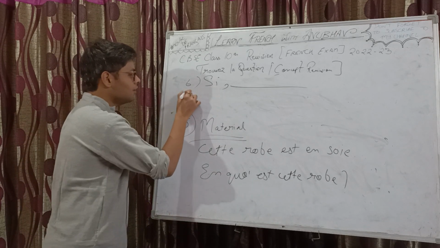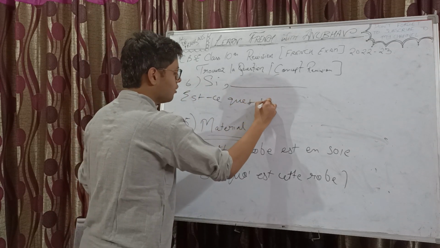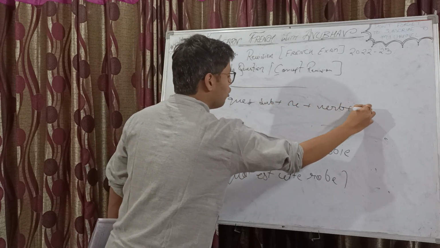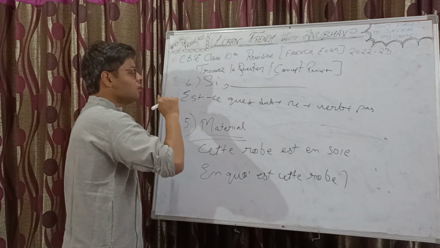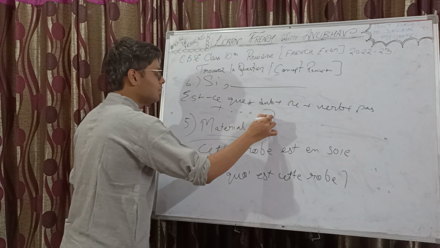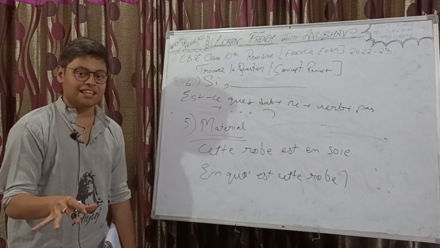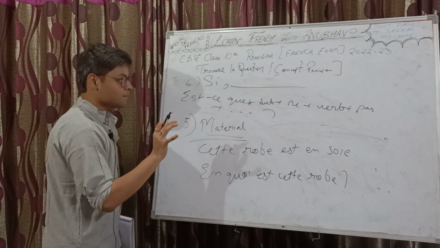So est-ce que, then subject, then ne plus verb plus pas, or any negative expression required. So est-ce que subject plus ne plus verb plus pas, and then the rest of the sentence and then the question mark. So if the question is negative, then you'll answer with si.